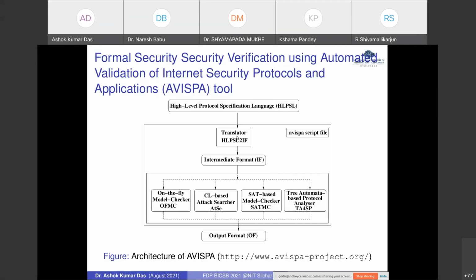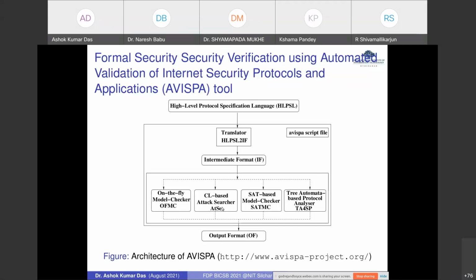And there are four backends available in Avispa. The first one is OFMC, the second is ATSE, the third is SATMC, and the fourth is TA4SP. Once we feed that intermediate format to any one of the backends, it provides an output format, and the output format will precisely tell whether the scheme is secure or insecure.